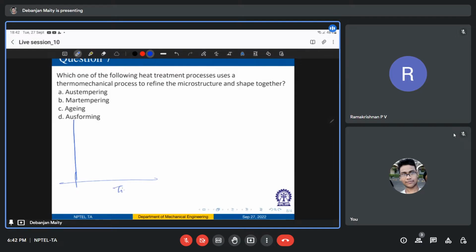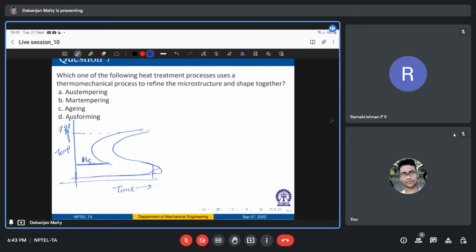This is your time, this is your temperature, and here at 727 you have your eutectoid temperature where austenite is stable, and then you have some kind of C curve like this.